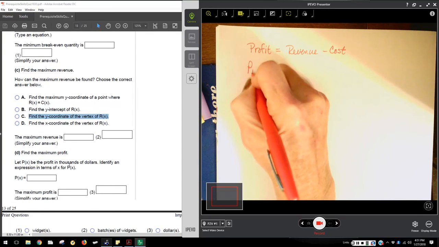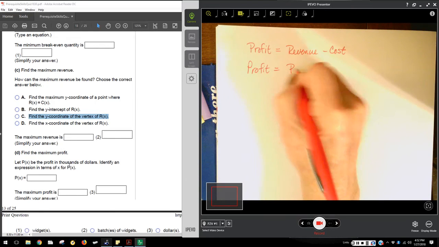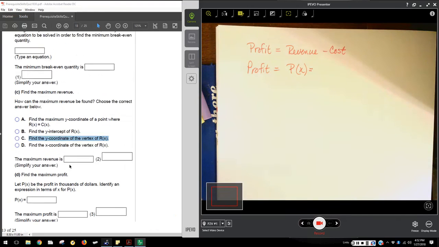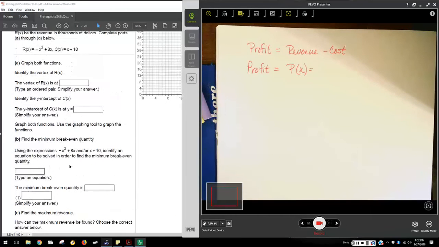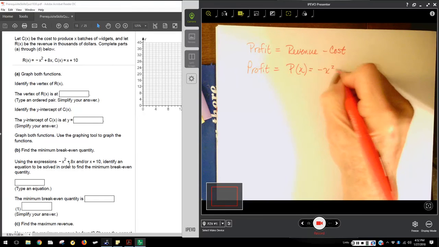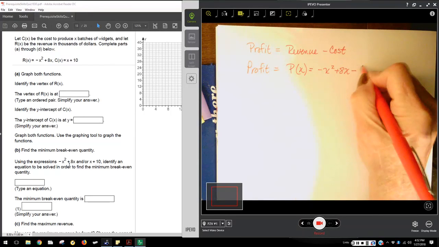So your profit equation, which we usually call P of X, is equal to revenue, which is negative x squared plus 8x, minus cost, which is x plus 10.